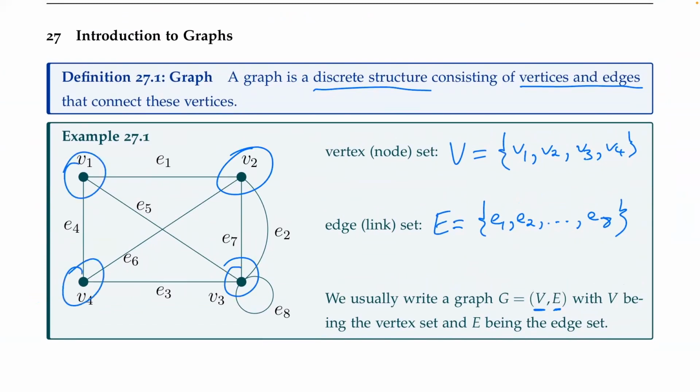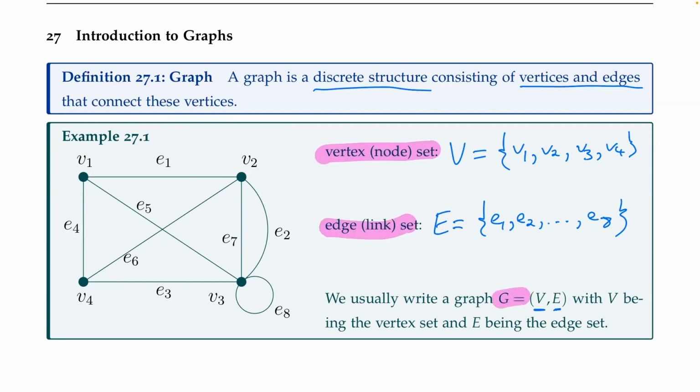These can represent anything from people to stations to some objects, something more abstract potentially. And then we have edges between those vertices. And we can define a vertex set, the set of all vertices, and an edge set, a set of all edges. And then we can write a graph G as the combination of these two things, our set of vertices and our set of edges.